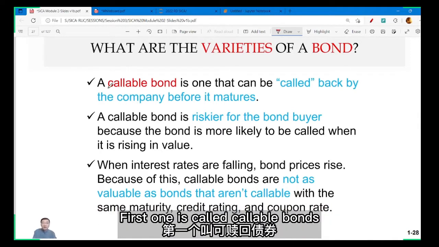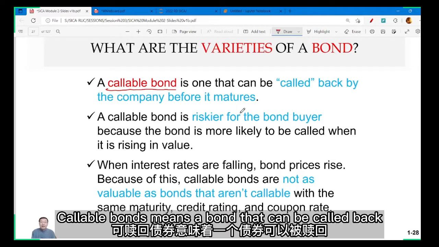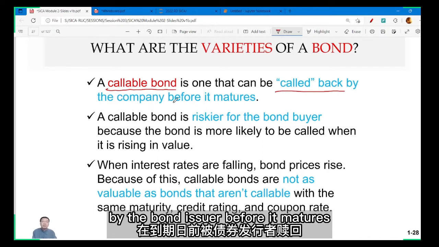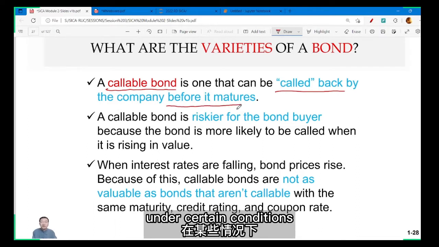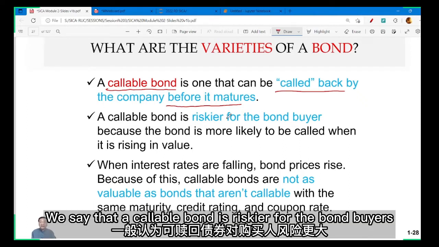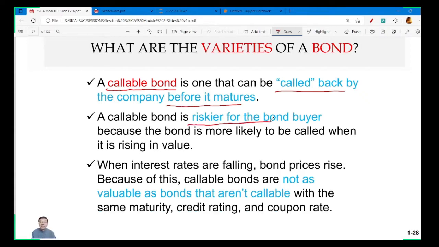First one is called callable bonds. Callable bonds means a bond that can be called back by the bond issuer before it matures under certain conditions. We say that a callable bond is riskier for the bond buyers. Why? Let me explain.